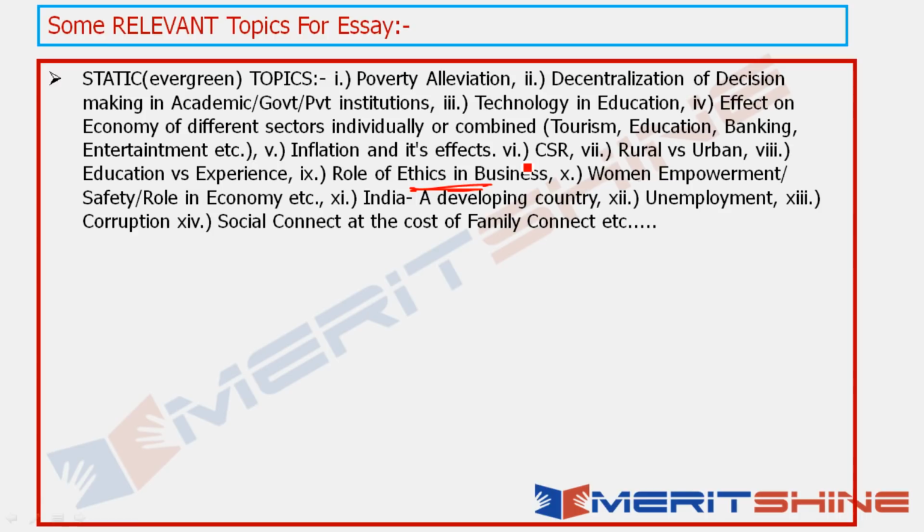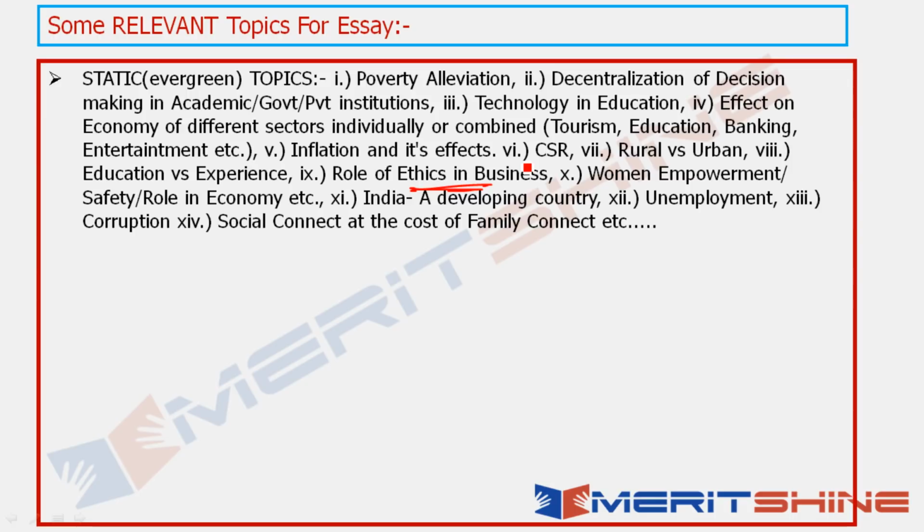Should ethics be a part of the training processes that we give our managers and clerical staff? These are the things you can discuss. All these things are in front of you from real life, and you can take examples from them. So you don't need to be a super GA expert to write on these topics, right?